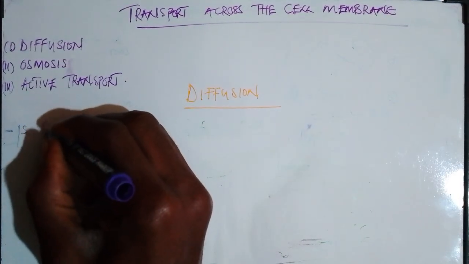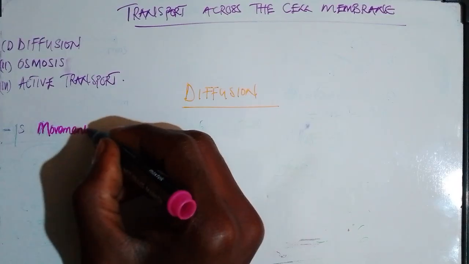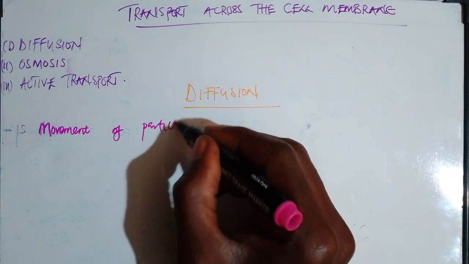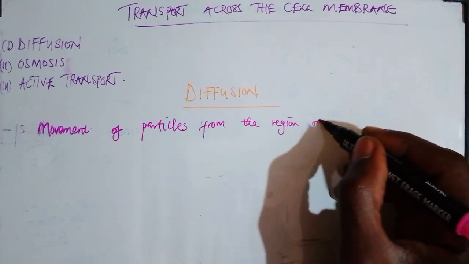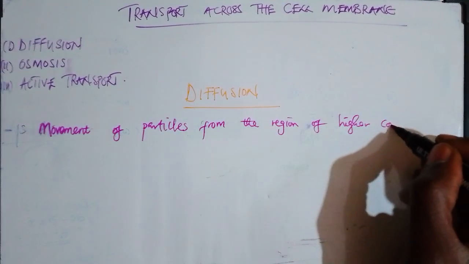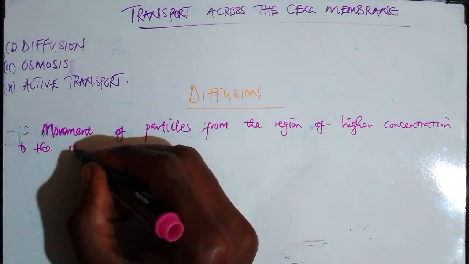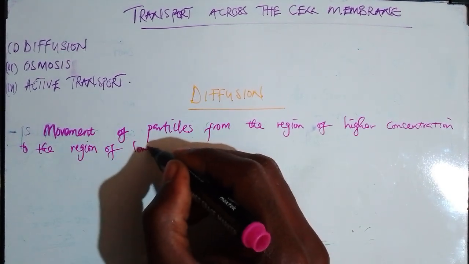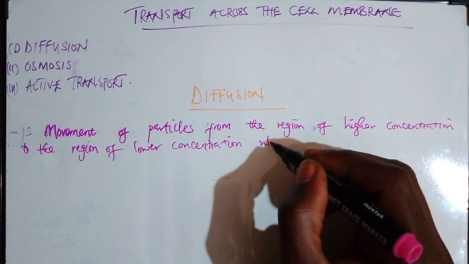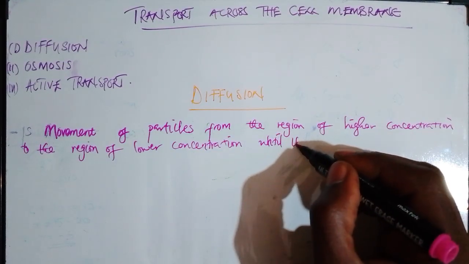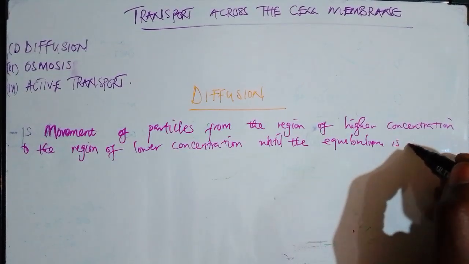So I can say diffusion is the movement of particles from the region of higher concentration to the region of lower concentration until equilibrium is reached.